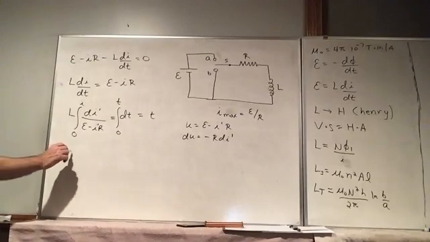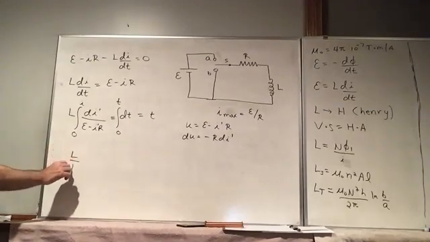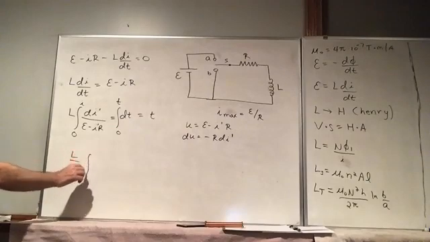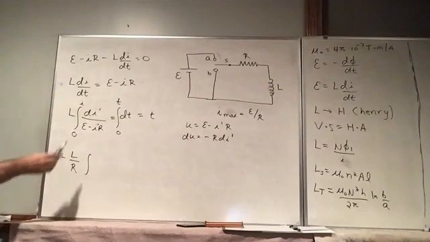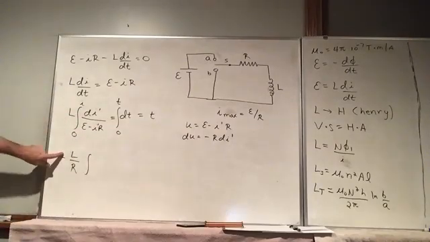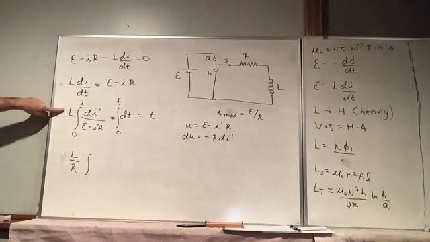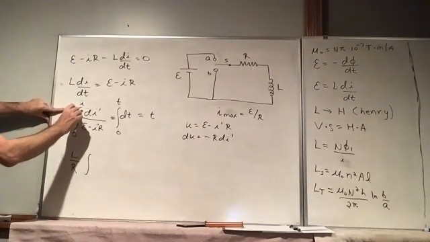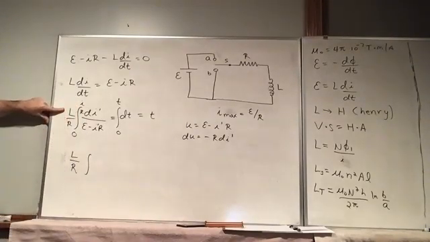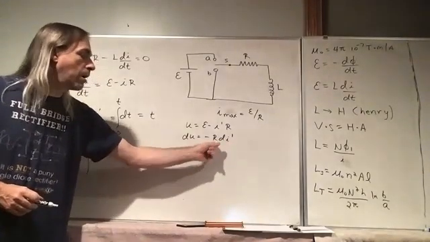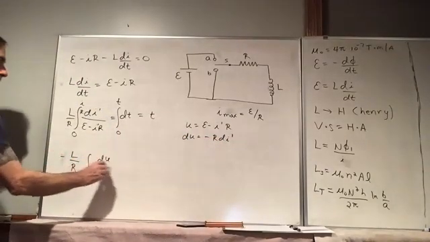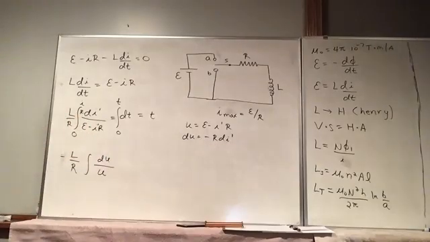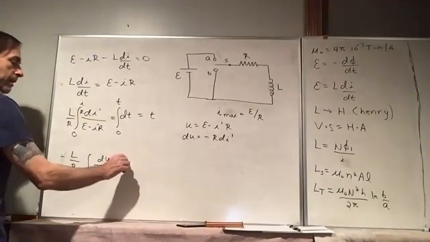So let's divide by R and multiply by R. Let's forget about this minus sign for now. We have an L here, so let's multiply and divide by R. So now R di prime is equal to minus du, and on the bottom we just have u. And that's equal to t.